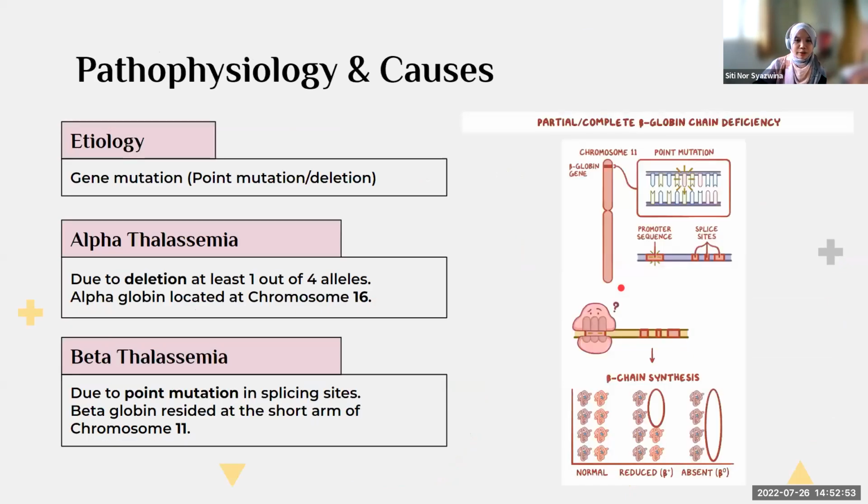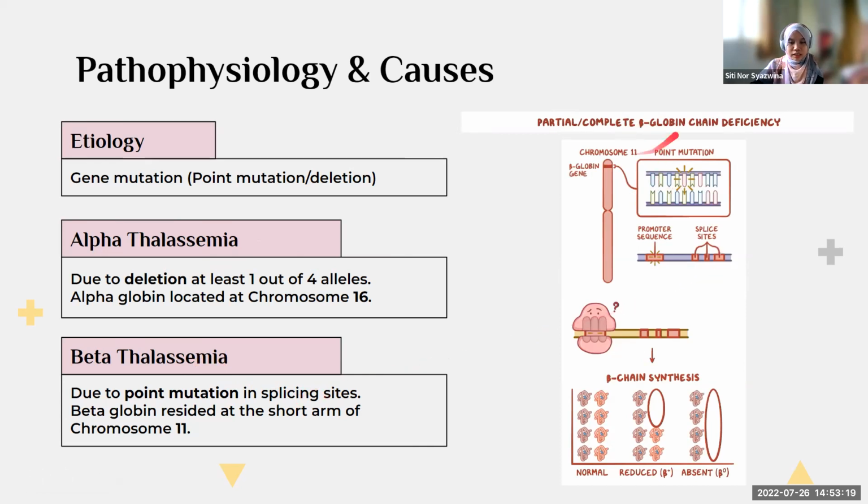The next is the pathophysiology. The cause of the mutation is either point mutation or deletion. In alpha thalassemia, it is due to deletion of at least one of the 4 alleles at chromosome 16. And for beta thalassemia, it is due to point mutation, often in the splicing sites at the short arm of chromosome 11.